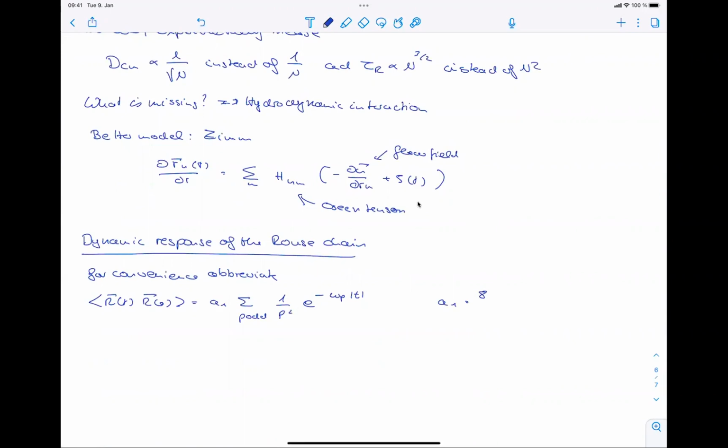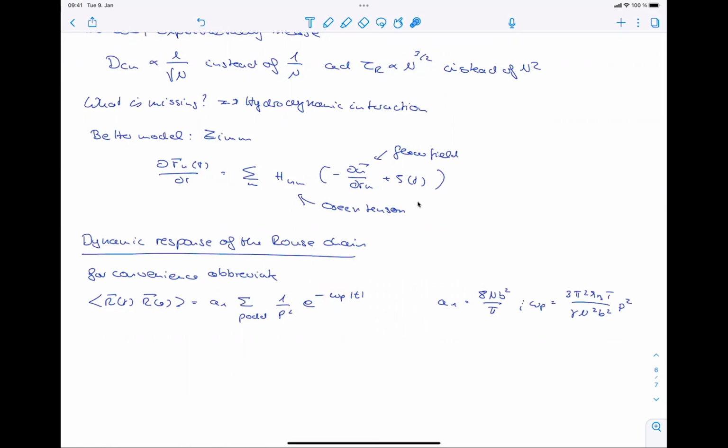So this A1 was abbreviating the prefactors with p squared pi. And note, I now switched in notation from t over tau p, like a relaxation timescale, to t times omega p.